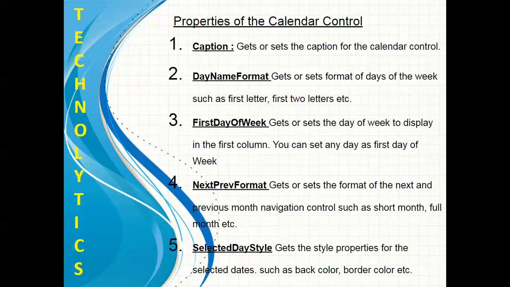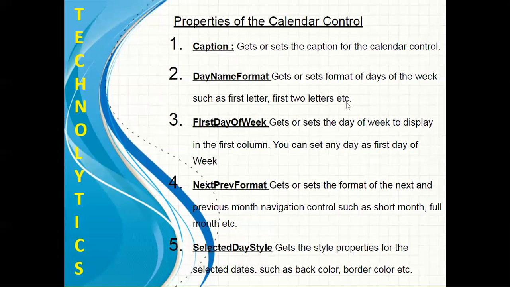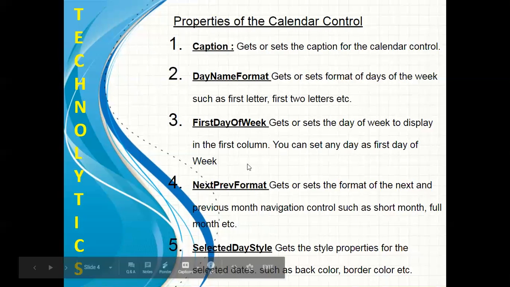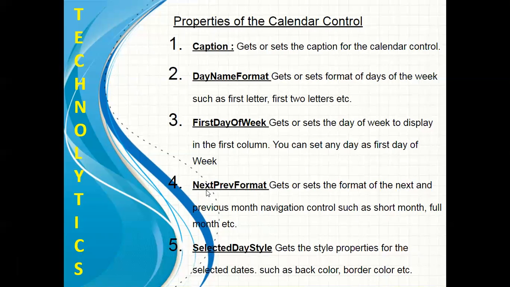So if you want only three letters, for example, I just want to display September as my previous month, I can say SEP, only first three letters, or I may say the full name of the month, such as September, as the previous month. So that I can change using which property? Using the property next previous format.